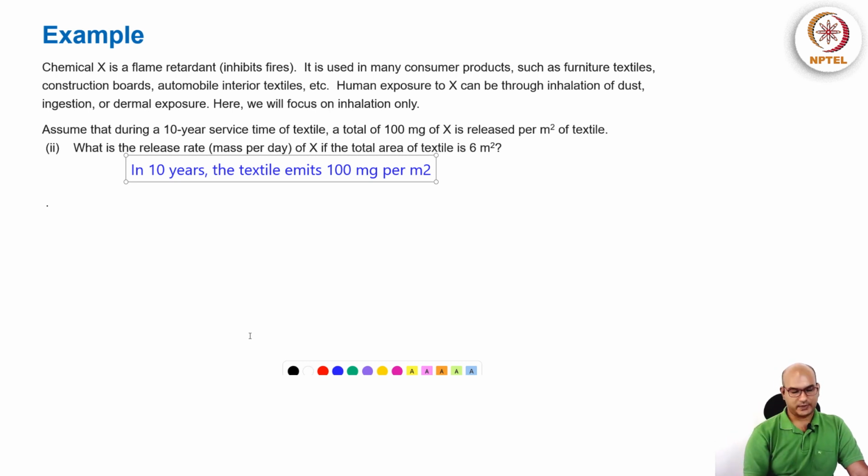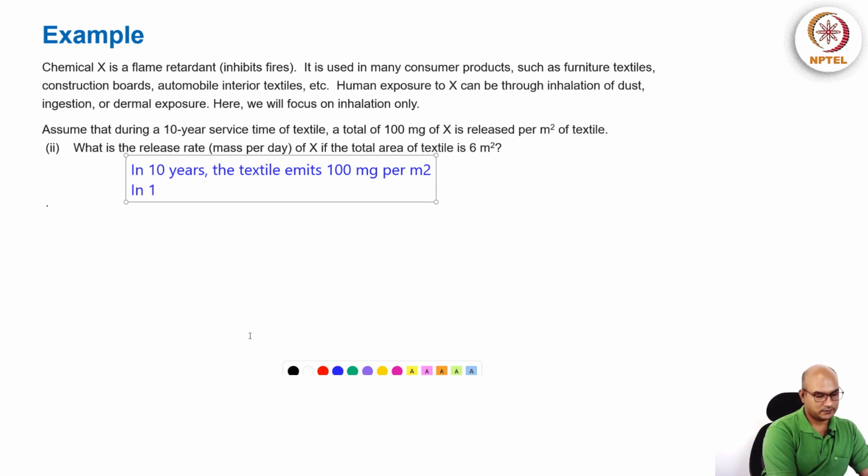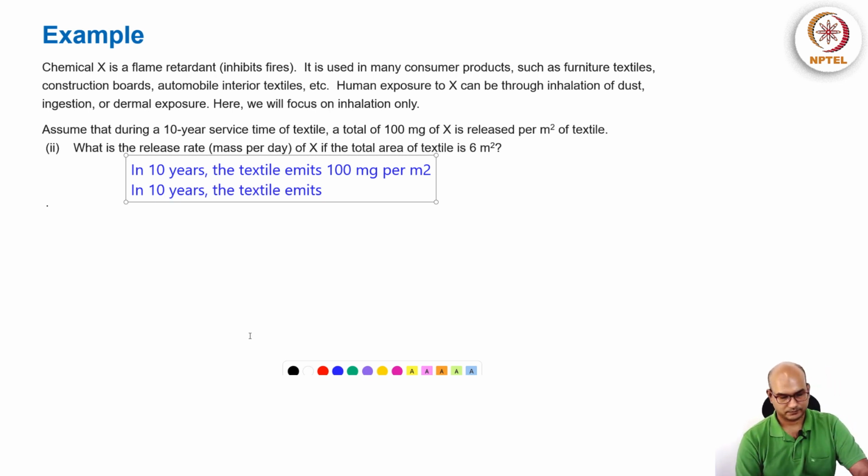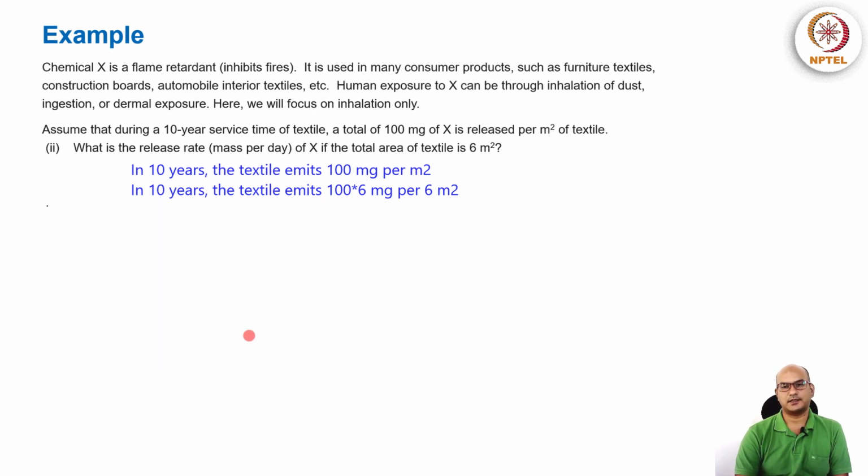The total area of textile is 6 meters square, so in 10 years the textile emits 100 times 6 milligrams, because our overall textile is 6 meters square.